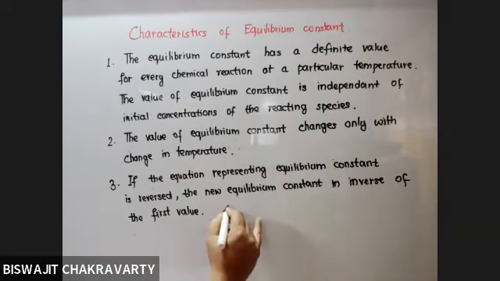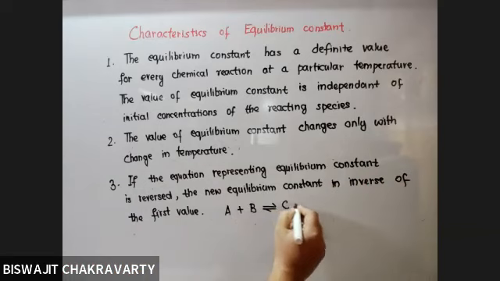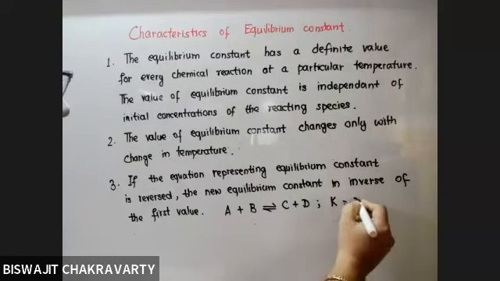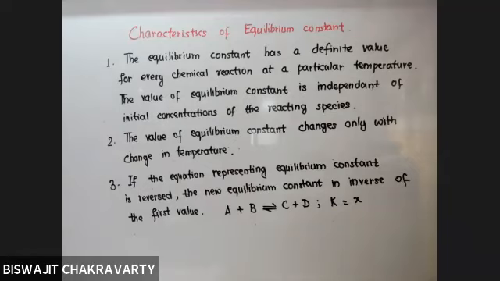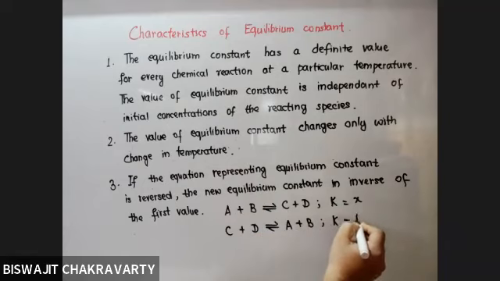Suppose you have an equilibrium reaction A plus B reversible C plus D, and if the equilibrium constant for this reaction is X, if you reverse this reaction, if you write C plus D reversible A plus B, then the equilibrium constant for this one will be 1 by X. Is it clear?